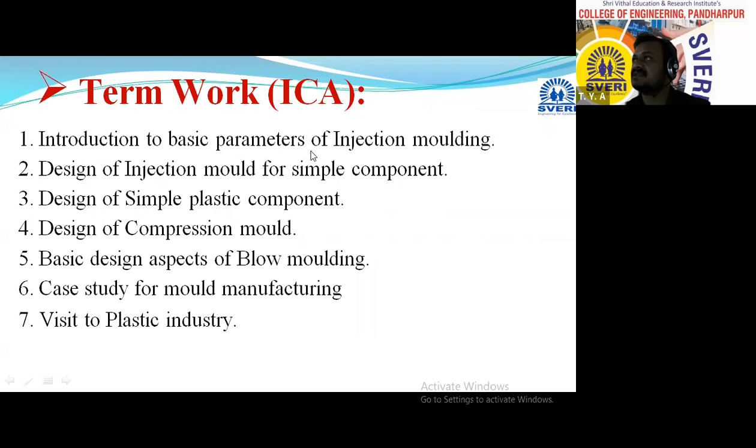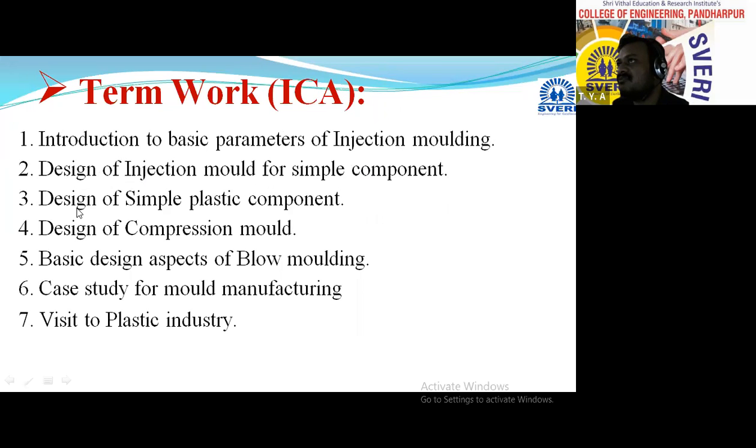Introduction to the basic parameters of injection molding, and design of injection mold for a simple component. This we are going to discuss in the 5th chapter. In theory, it is in the 5th chapter. These are the first 2 practicals.